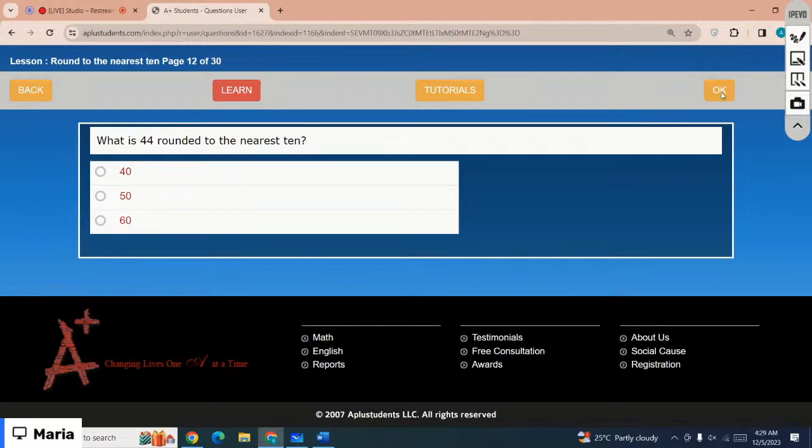What is 44 rounded to the nearest 10, which is the correct option? 44 is rounded off to.